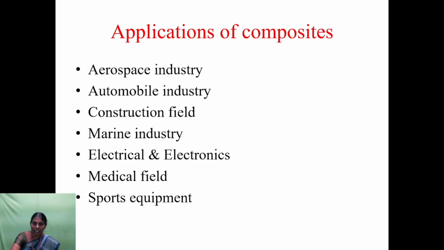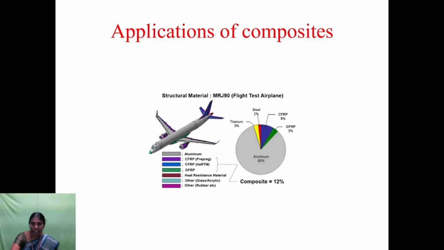They do not affect the human body, without reaction inside the body. Then sports equipment, the tennis racket and bicycles, and some other sports equipment are made of composite materials. So that is the application of composites.